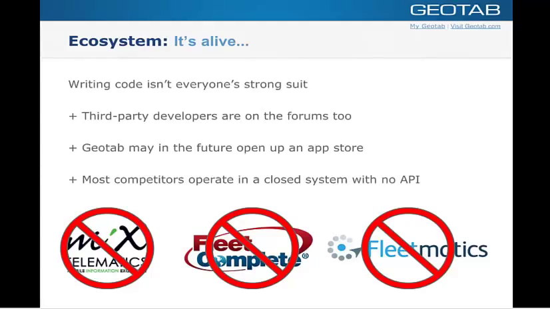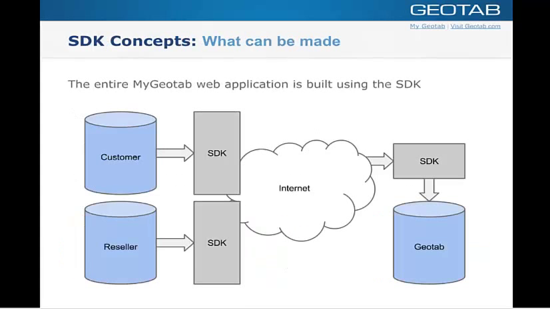So if you need to integrate your accounting into the telematics data, there's not a lot of options out there. So that's one of the really unique things about Geotab, is that we say, if you need this data, it's yours. And you can get it out using the SDK. So usually, somebody will ask me, hey, is it possible to do this? And the answer is always yes, because that data is yours, and you can pull it out very easily.